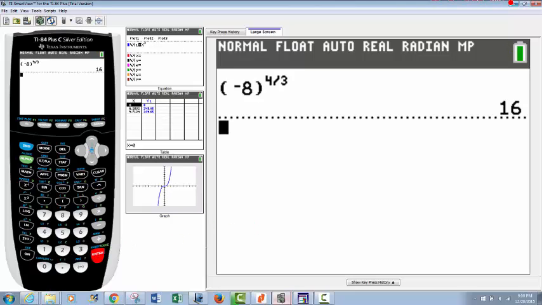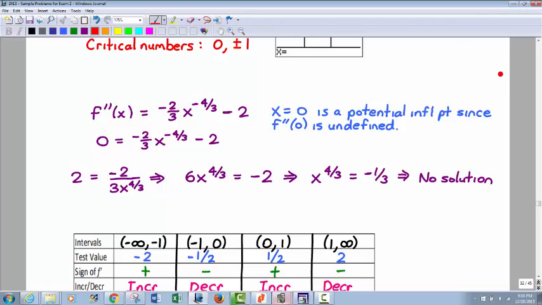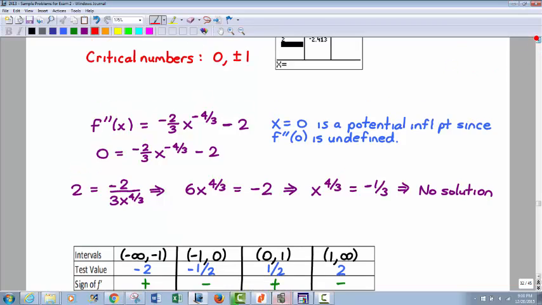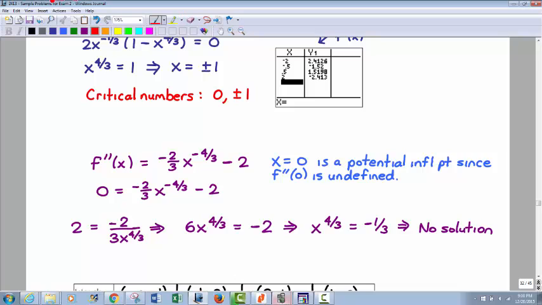It would look sloppy to write it here, but you would have -8, caret, and then parentheses around the 4/3. Very important that you have the parentheses around that.